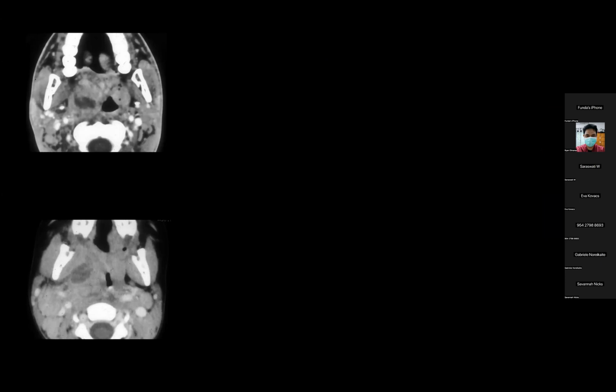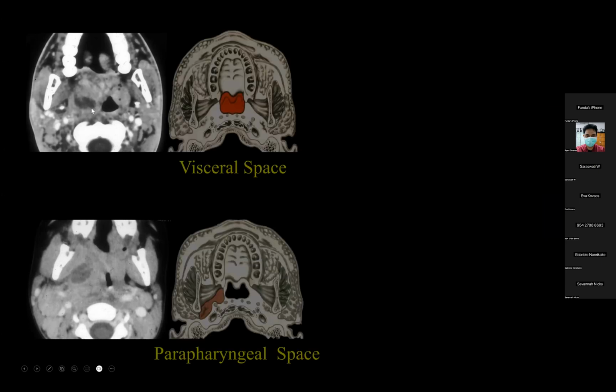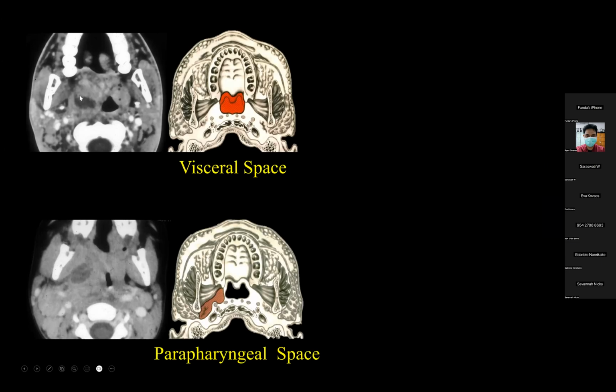So these are two examples of abscesses, but they're in different locations, and both of these, again, are in kids. Now, notice this abscess here on the right-hand side, and notice this abscess here in this space. This abscess is actually located in the tonsil, so this is in the visceral space, and I'll talk a little bit more about this abscess in the next slide.